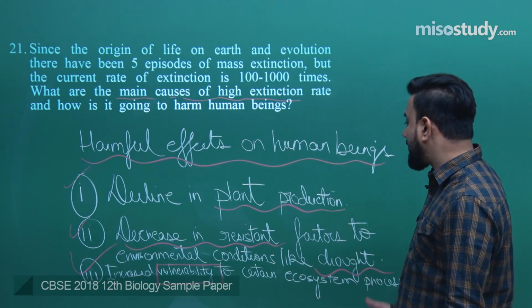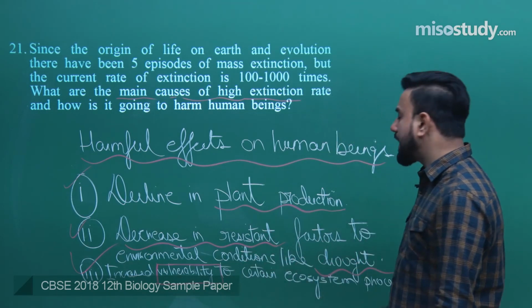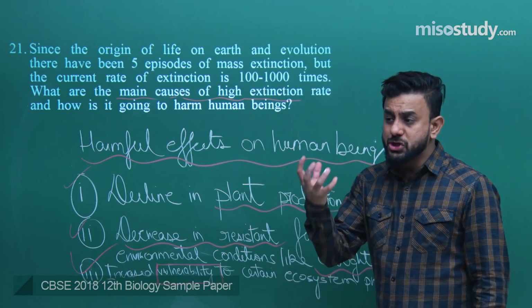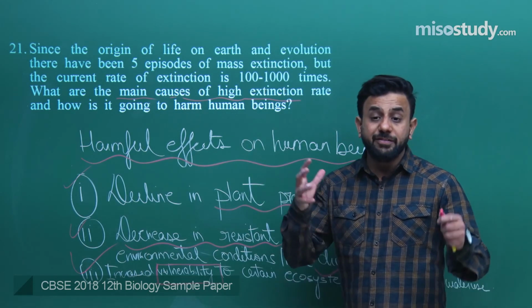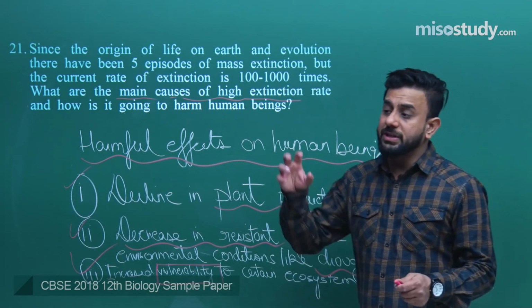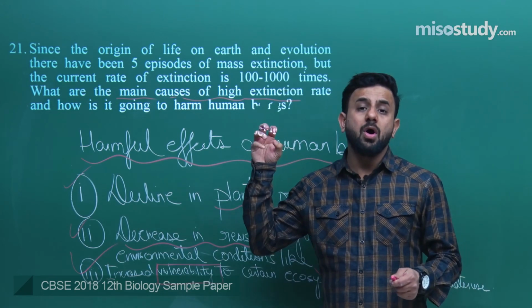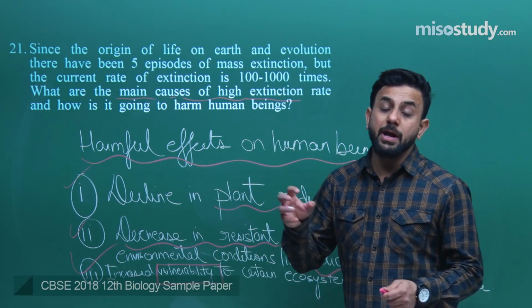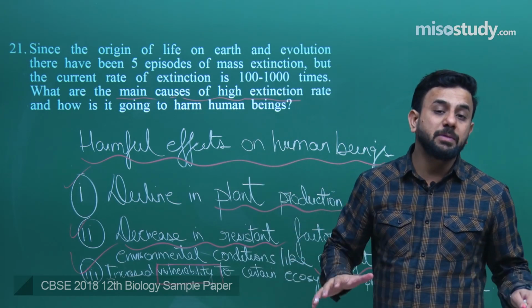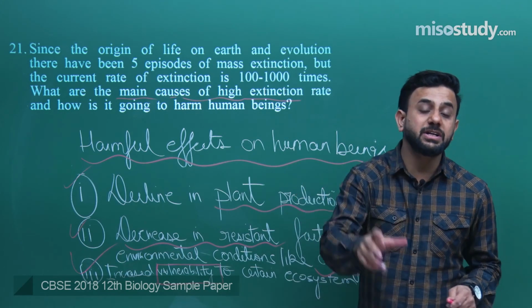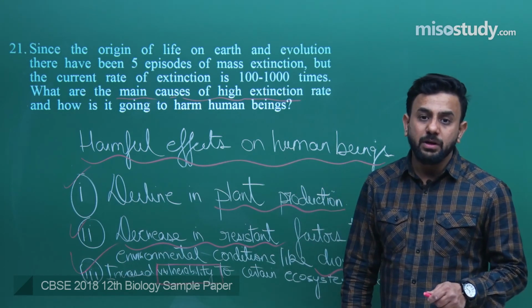Decrease in the resistant factors to environmental conditions like drought. Yes, species richness will decrease, the variability will decrease. There will be more of the monoclonal, more of the pure line condition, more homozygosity, less variability. When there is less variability, what will happen if a certain disease or a drought affects the gene?